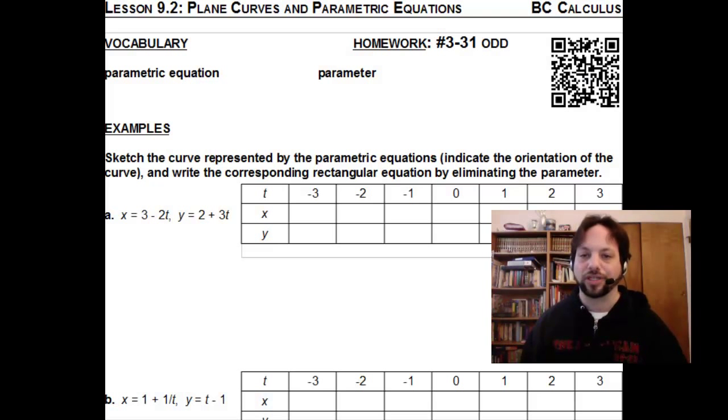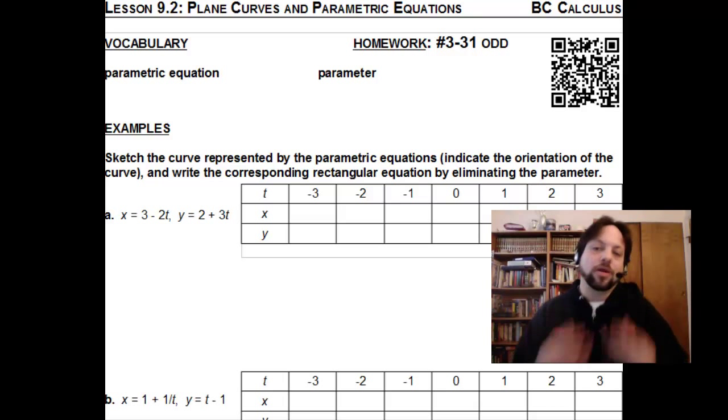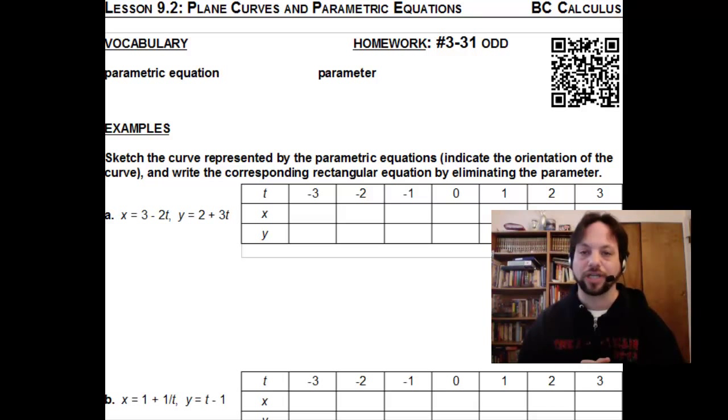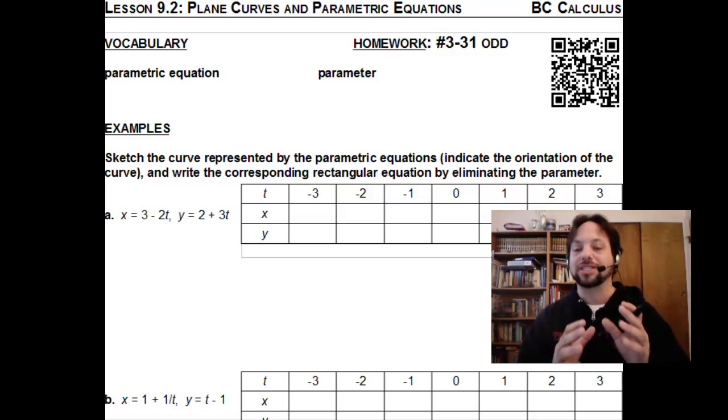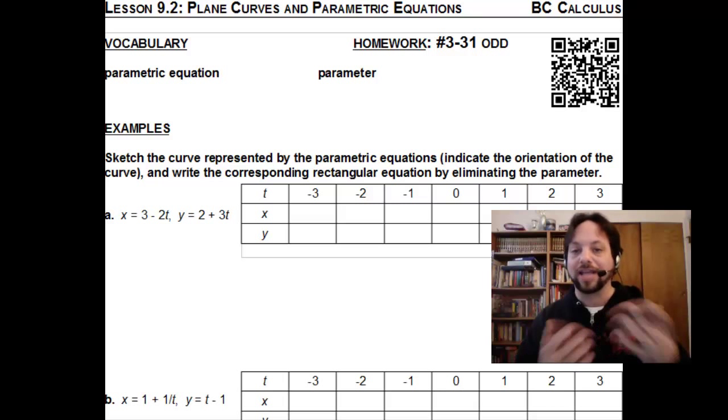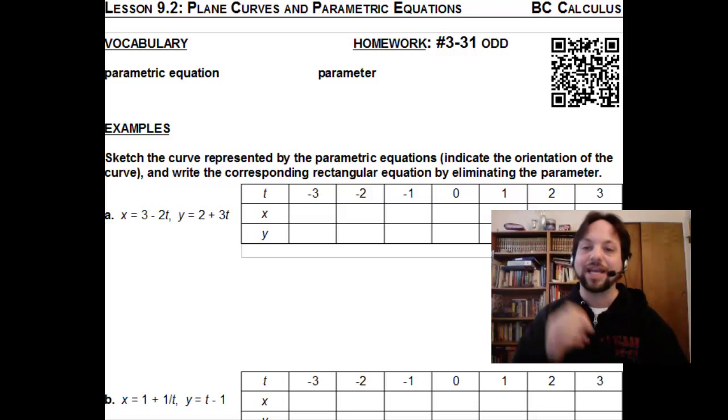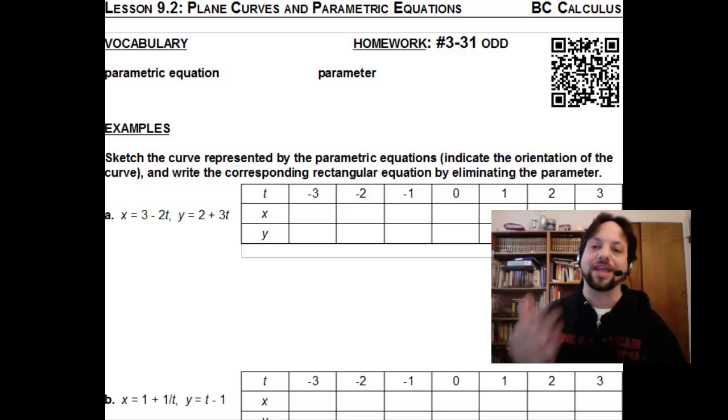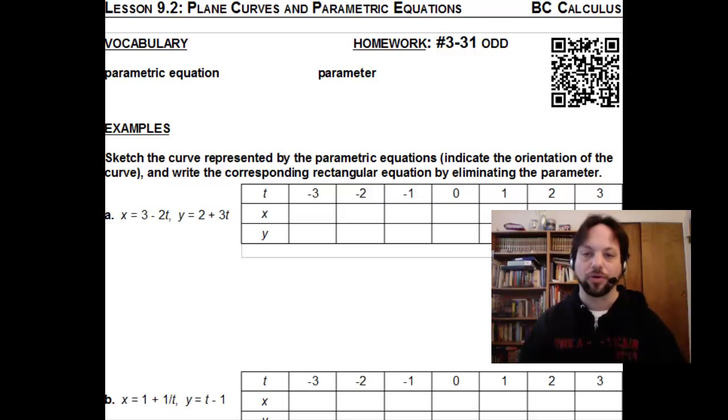In Lesson 9.2, Plane Curves and Parametric Equations, we will begin our rather short exploration of parametric functions. That is, functions in which each coordinate, the x and y coordinate, are uniquely and distinctly defined respective to the value of a third variable, which we call the parameter.